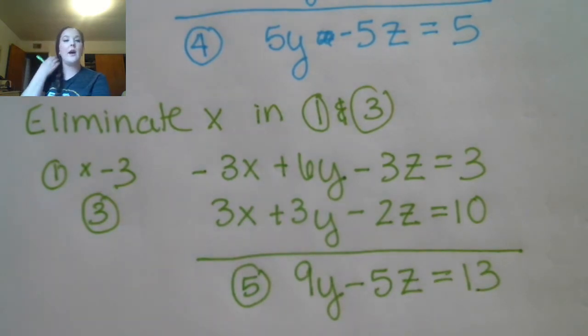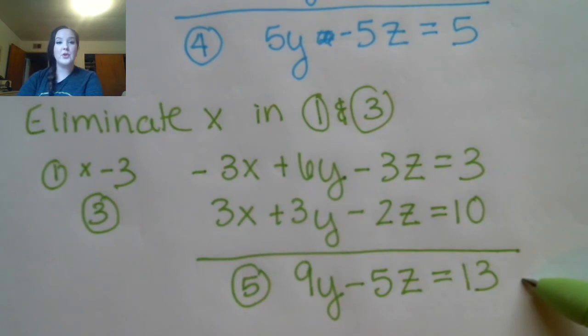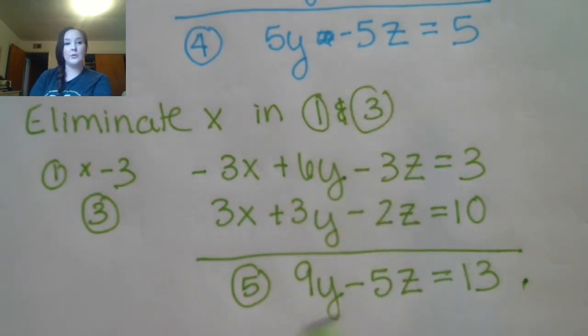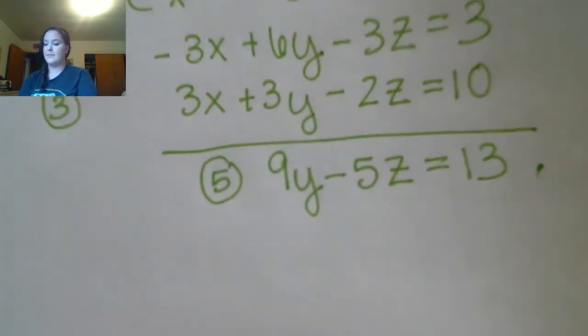So now you can see with equations 4 and 5, we do have two totally new equations, and they have only two variables. So I am going to solve this new system of equations. The first thing I'm going to do is just copy down my equations.